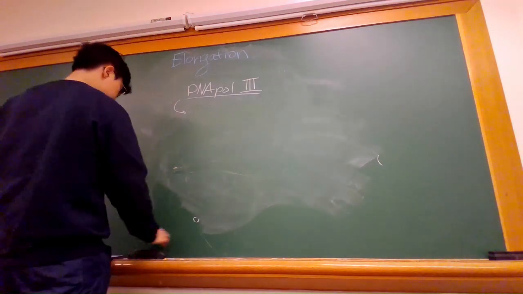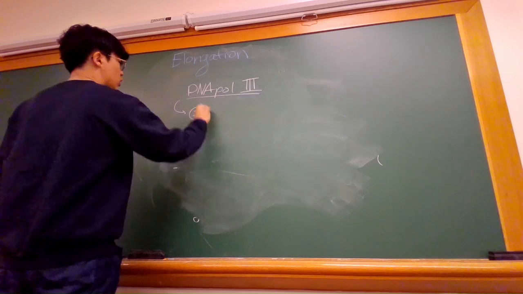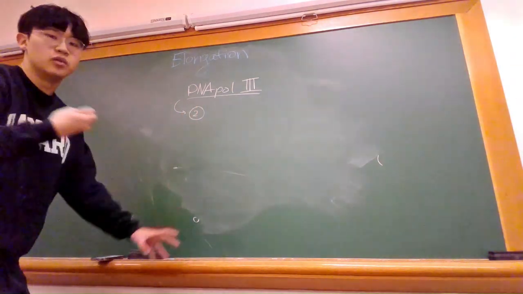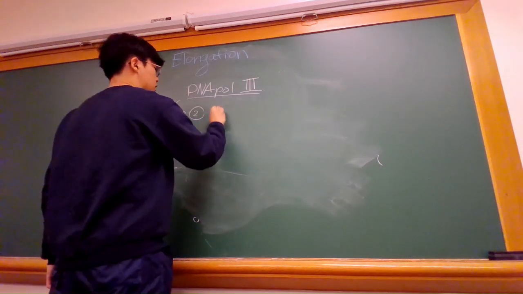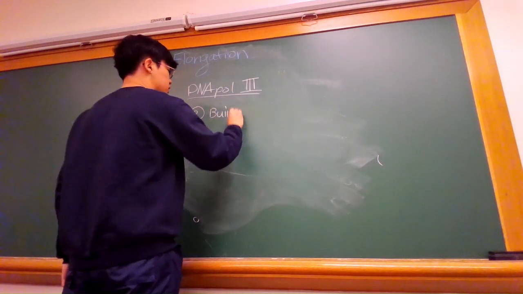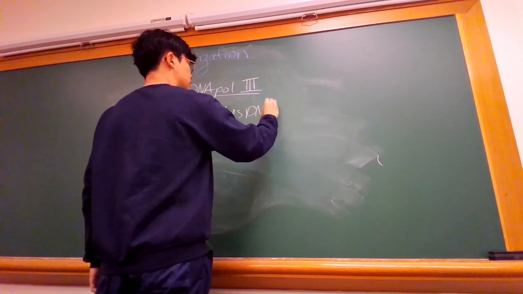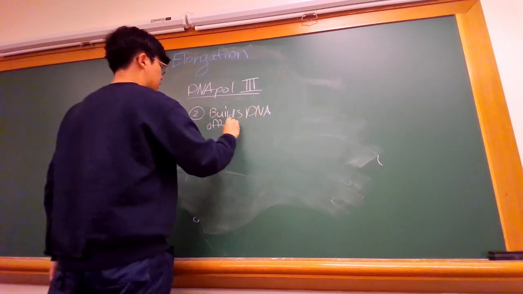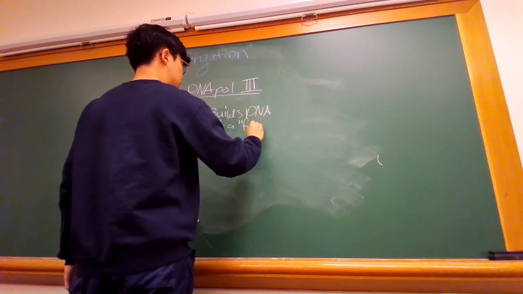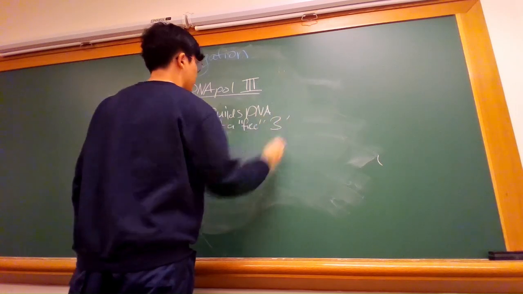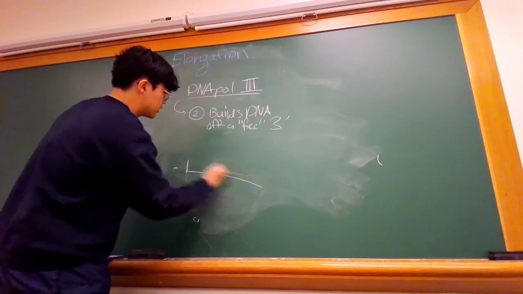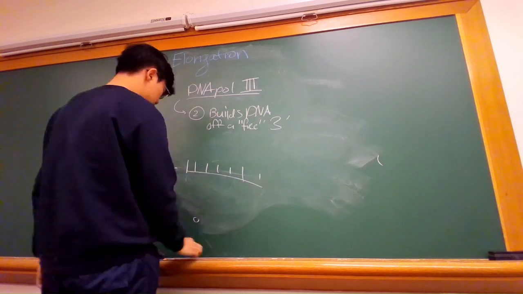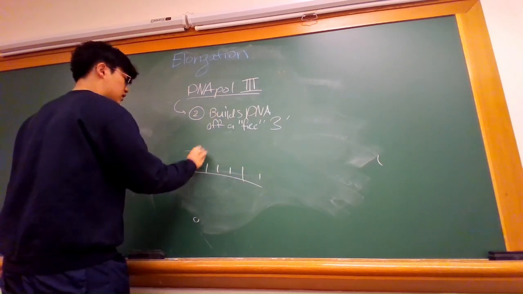Now the second one is that this guy can only build DNA in one direction. So it builds DNA off a free 3' end. If we go back to that diagram we just looked at, where we have the original DNA in white, we have that primer, right?